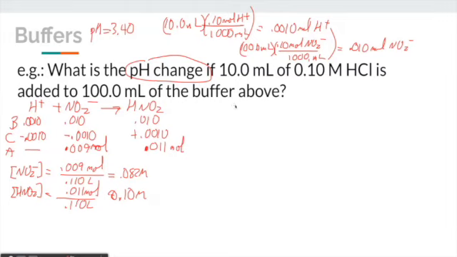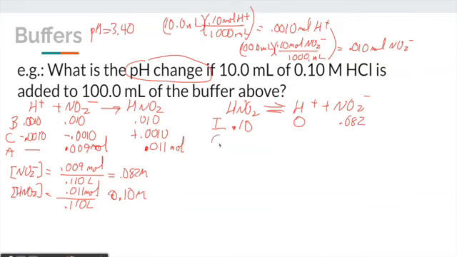So now we can set up a RICE chart. The HNO2 in this buffer is going to be in equilibrium with H plus ions and its conjugate base, the NO2 minus. Initially, the concentration of HNO2 is 0.10. We're going to assume there's no H plus until the equilibrium is reached, and this concentration is 0.082.